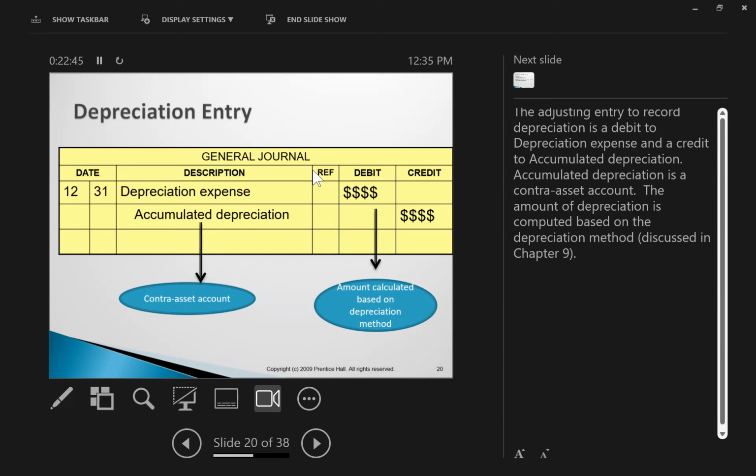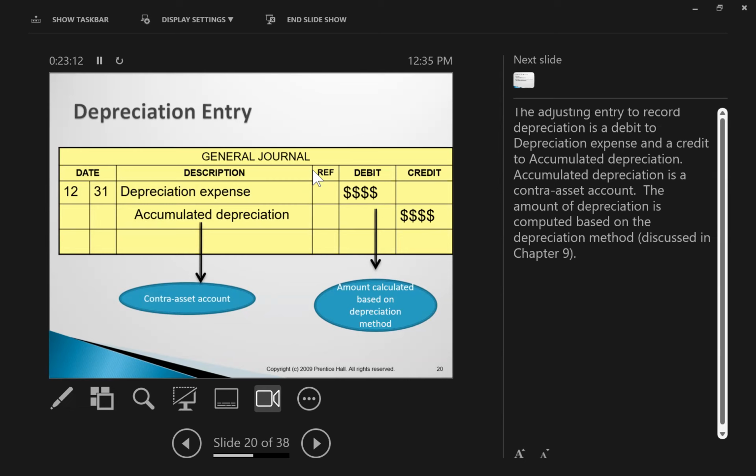Accumulated depreciation is what we call a contra asset account. The amount of depreciation is computed based on the depreciation method, which we'll talk about in a later chapter. But the key here is accumulated depreciation, we don't close that at the end of the month. That is going to stay on the books as long as we have the asset.